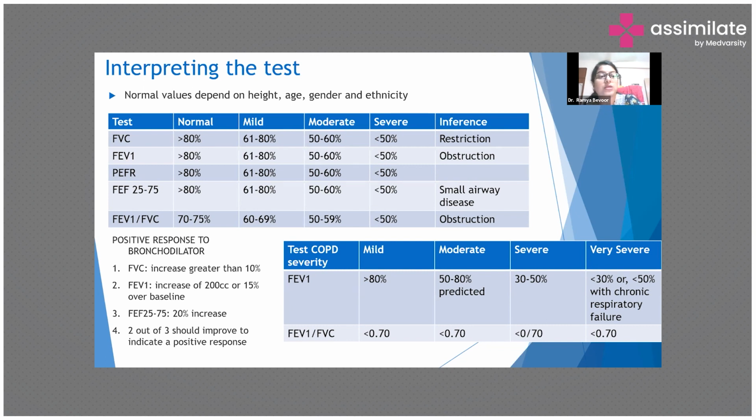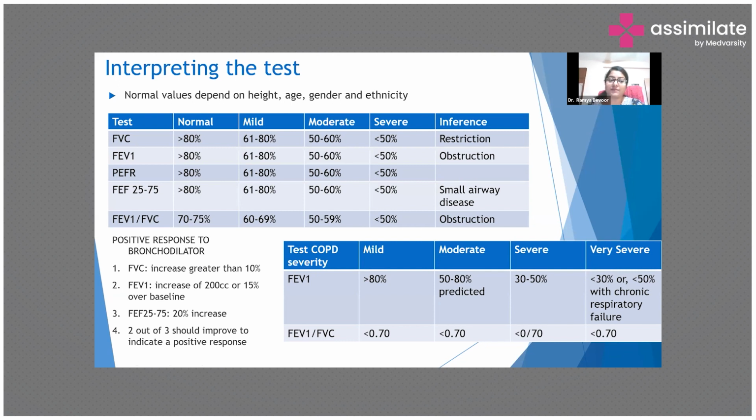The other thing is we also look at a positive response to bronchodilator. So we do a spirometer test, we give a bronchodilator, either a nebulization or a puff, and then we repeat the test. There has to be an improvement in the bronchodilator response.